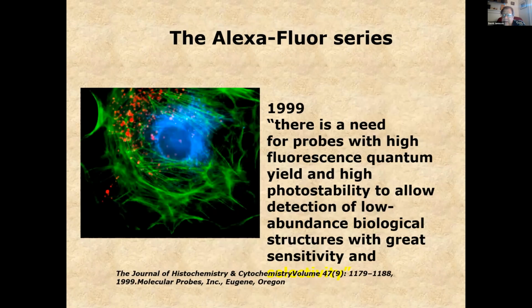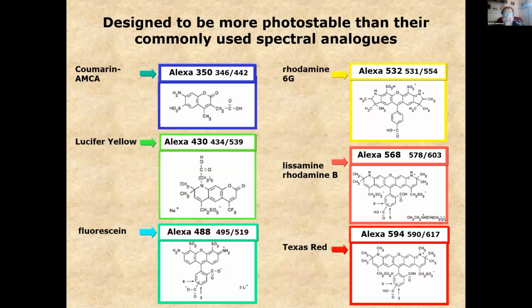Now, a very, very important class of probes was introduced in 1999 by Molecular Probes, Haugland's company, who introduced this Alexa series of probes, because he realized this is when fluorescent microscopy started to become important, and fluorescein was so easily photobleached. So he wanted a very photostable probe.